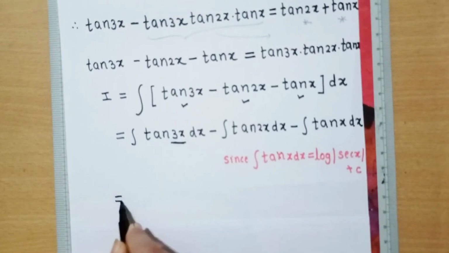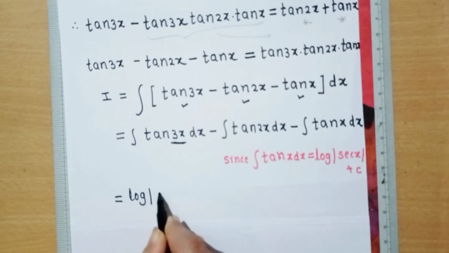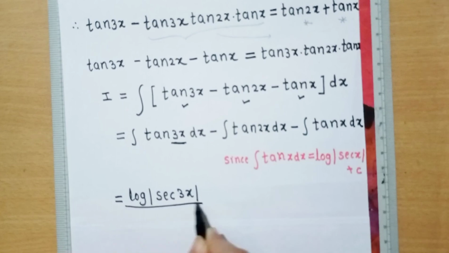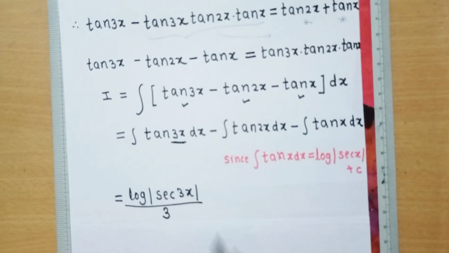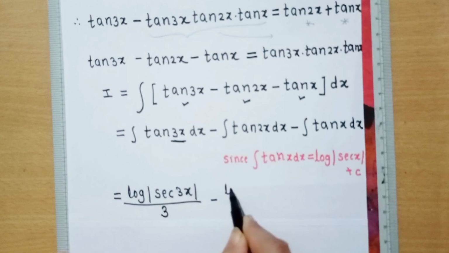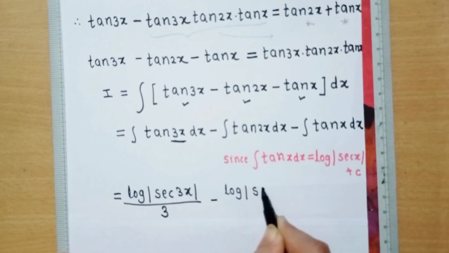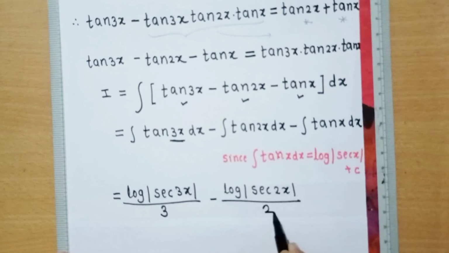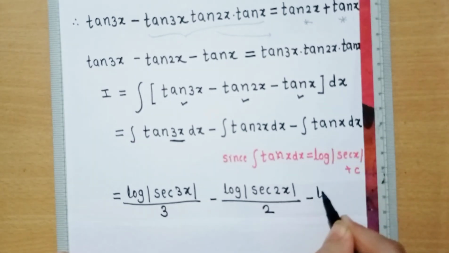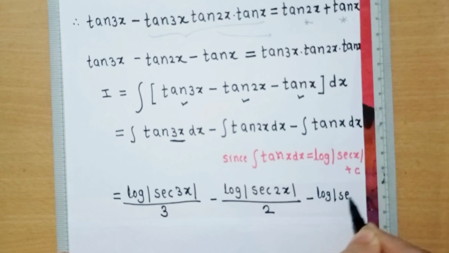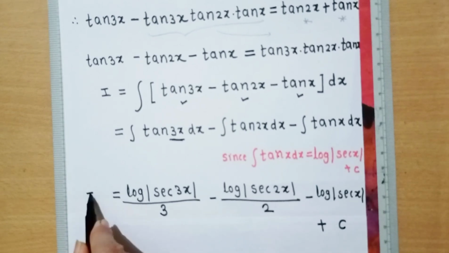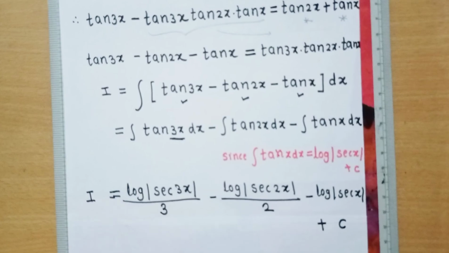So its answer is log of mod of sec of 3x, and again we will divide by its derivative which is 3. Now here also log of mod of sec of 2x upon its derivative 2, and this is log of mod of sec of x, and at the end we will write the constant of integration. So this is our final answer.